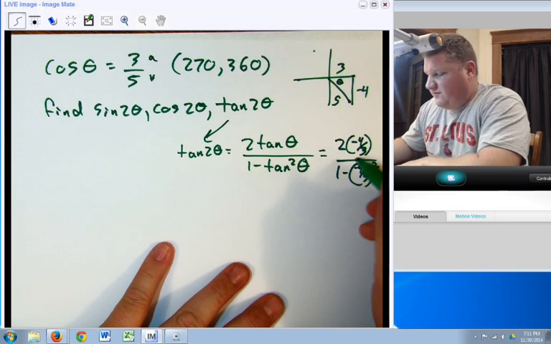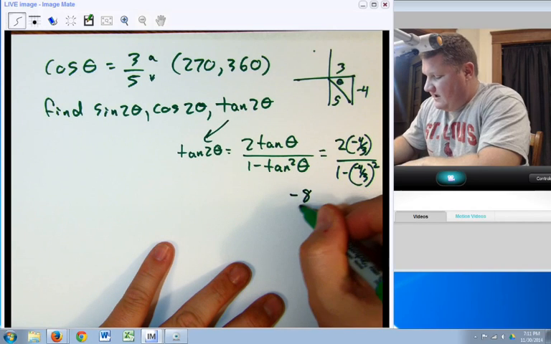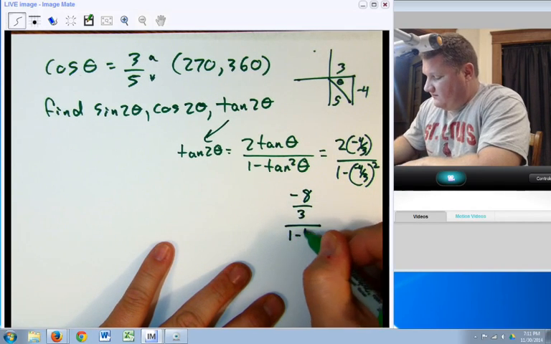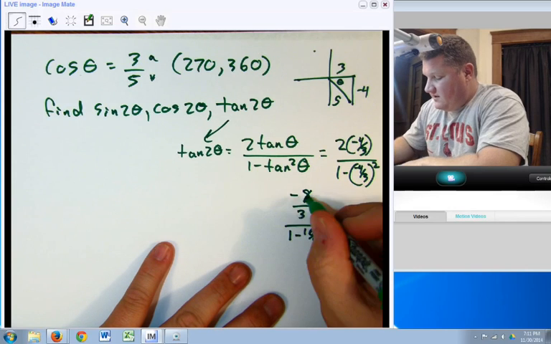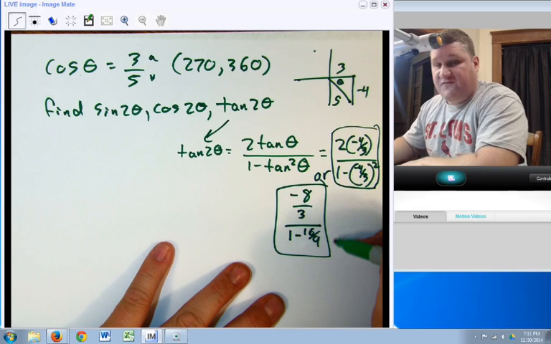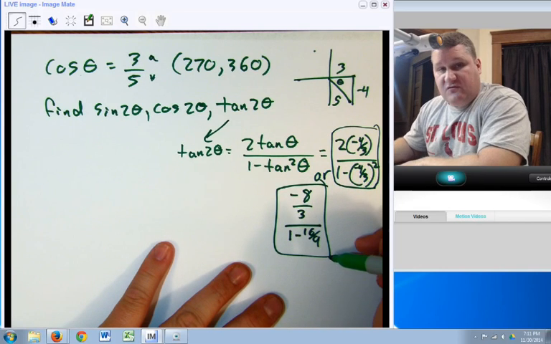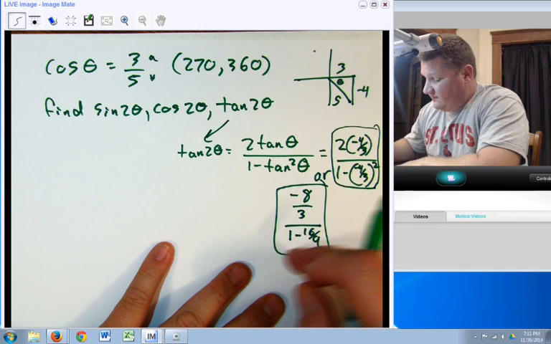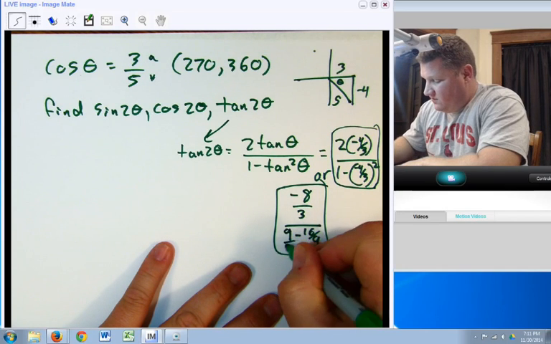If I start simplifying just a little bit, negative 8/3 all over 1 minus 16/9. Again, this would be fine, or if you choose to simplify, you'll notice we simply have some fractions here that we need to deal with. 9 over 9.